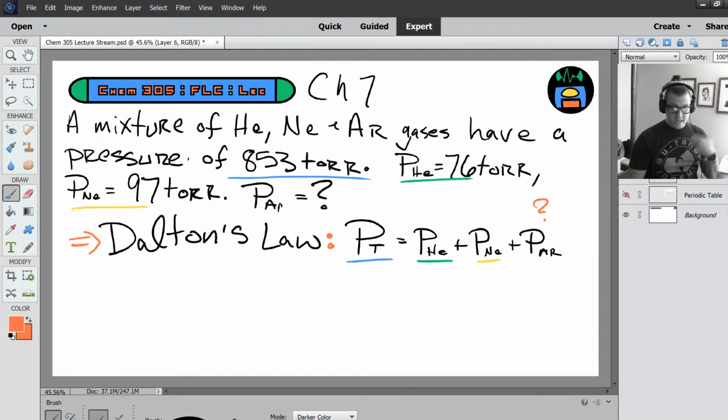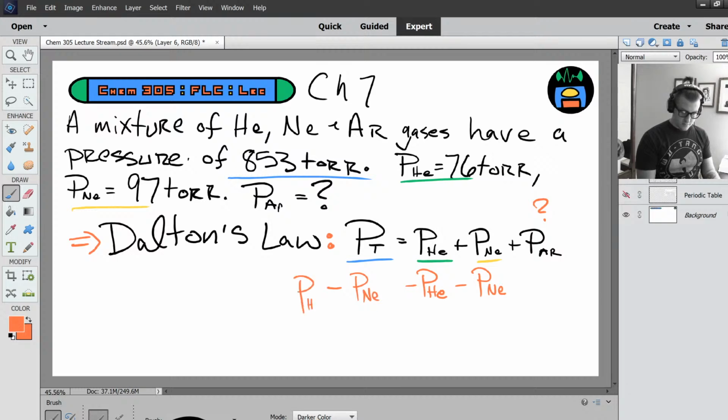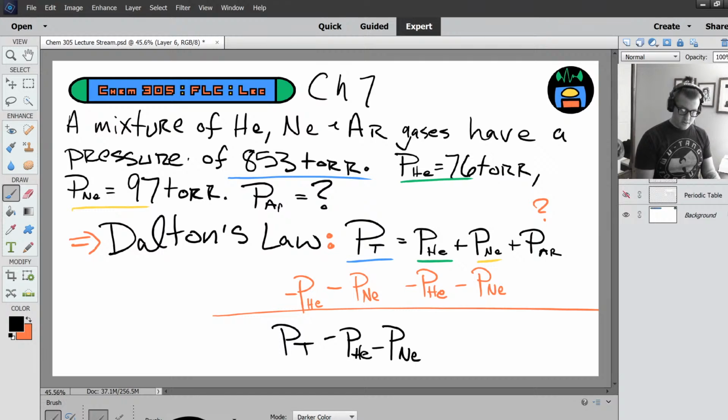So we can solve for the partial pressure of argon if we subtract the partial pressure of helium and neon from both sides of this equation. When we do that, we get total pressure minus the partial pressure of helium minus the partial pressure of neon equals the partial pressure of argon.